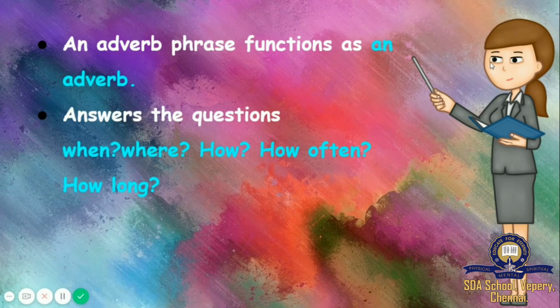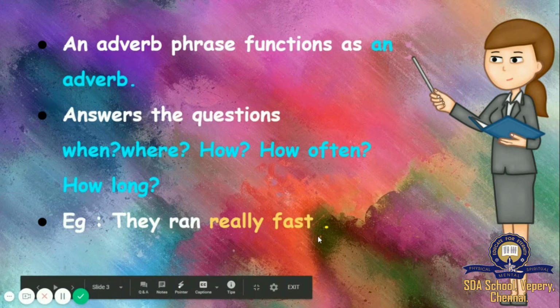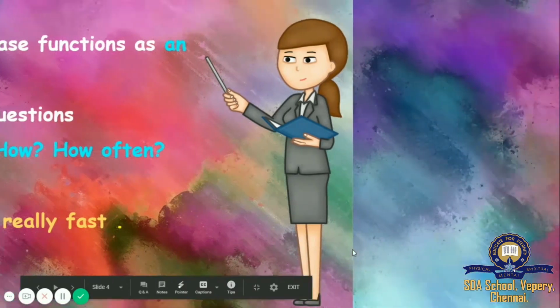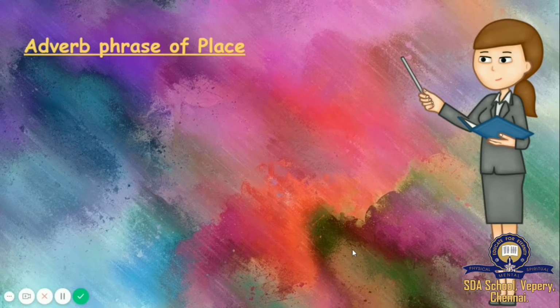For example, they ran really fast. So here, fast is an adverb and really is providing more information about the adverb fast. So really fast is an adverb phrase here. Adverb phrase of place.